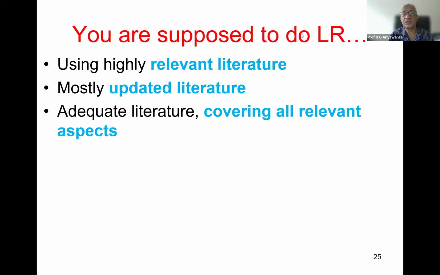An adequate literature means you have to cover the local, global, all the areas. And suppose you want to address the housing issue in urban, middle income, public employees. So there are various aspects. You have to address the urban related literature.